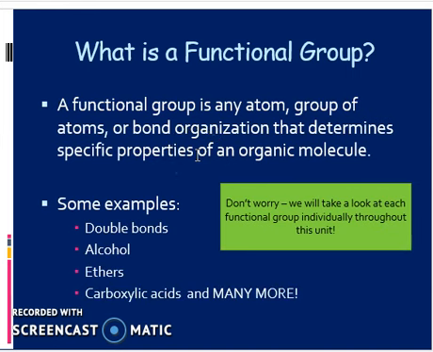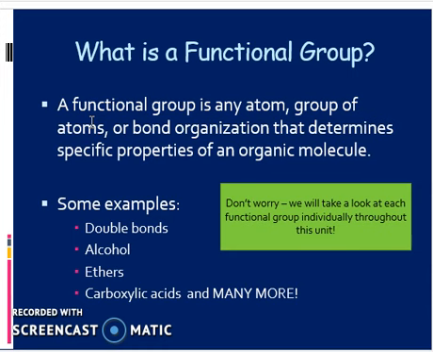Okay, so we're going to be talking a lot about functional groups and different types of functional groups, but there are some characteristics that are very commonly seen in any functional group that we look at. So what I mean by functional group is essentially like a group of atoms, or it could be an atom specifically, that essentially will change the properties of a molecule.